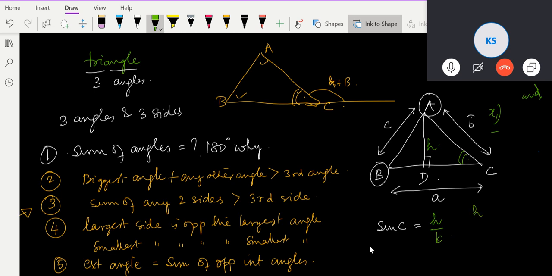So we can write H is equal to B sine C, right? And again in triangle ABD, we can write sine B is H by C. So H can be written as C sine B. Can we do this?